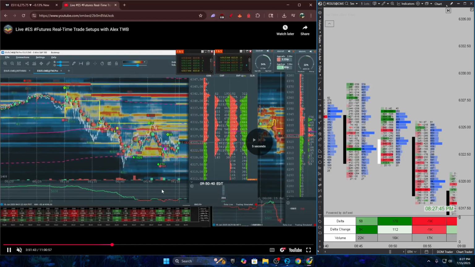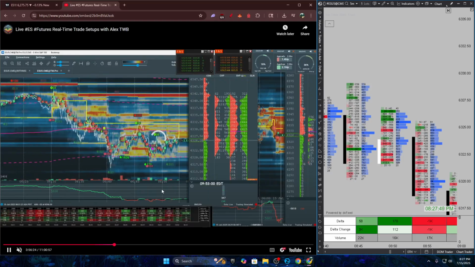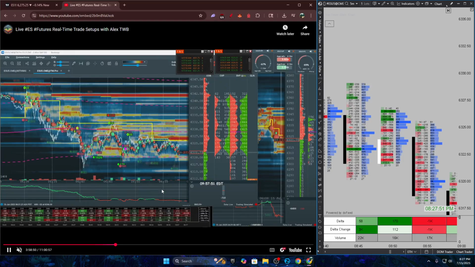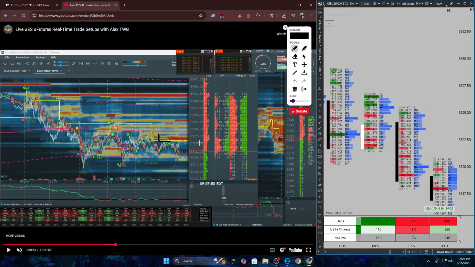We see buyer absorption there is what I'm trying to explain. I'm just trying to find where that buyer absorption occurred, a meaningful one at least. Okay. We saw buyer absorption occur within this time frame over here. And right after that candle closed, what we actually saw was passive selling start getting introduced at this level.